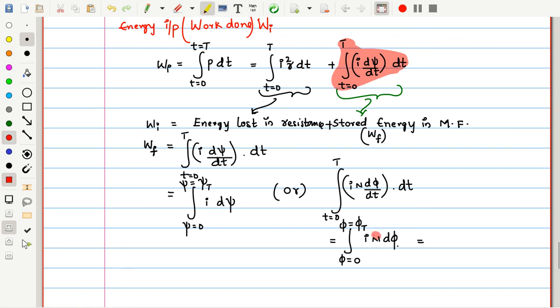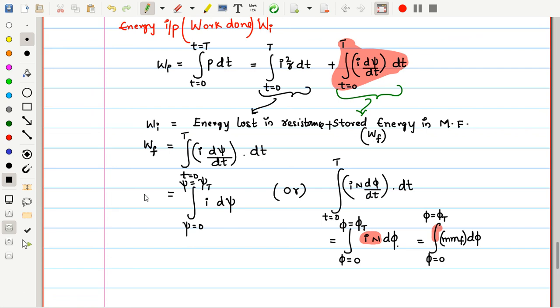NI is the mmf. Do you remember this term? Mmf is NI. So phi equal to 0 to phi equal to phi t. So this is mmf into d phi, or simply NI into d phi, it's your wish.